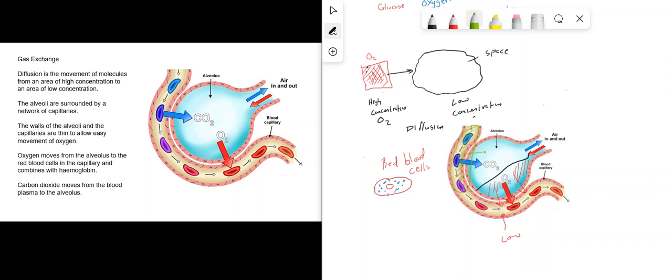So the CO2 will diffuse into this space here. Then when you breathe out, this brings it to the lungs, and you breathe it out and get it out of the body because CO2 is waste and it's toxic to the body. So that's the process of what's called gas exchange. So you get this exchange of gases inside the alveoli.